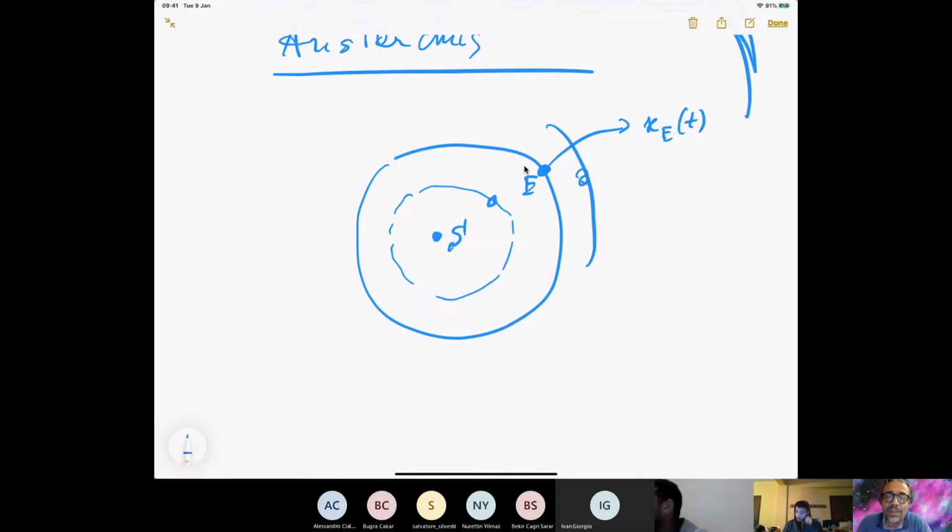So you are not describing the rotation of the Earth around its axis, because at one point it's not rotating. So you need the rigid body motion, which we described, if you remember, at the beginning of our lectures.